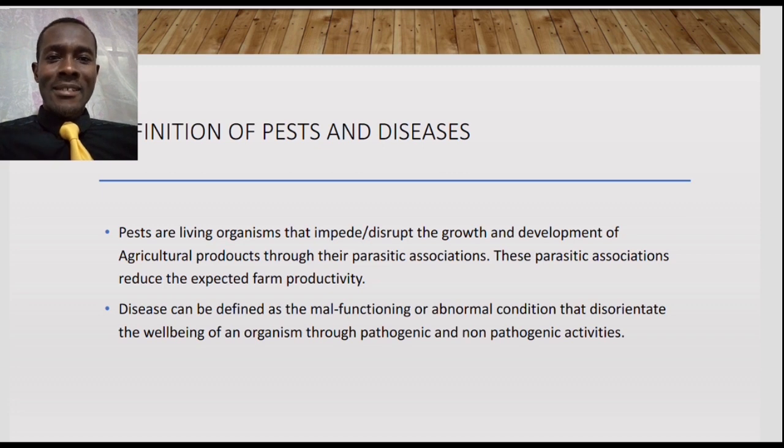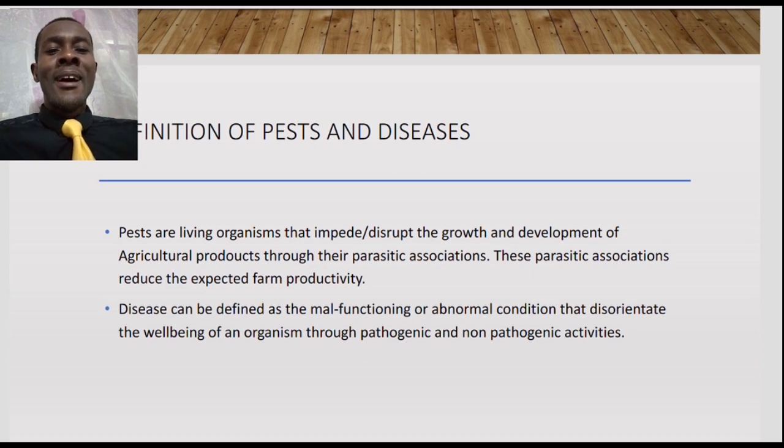Of course, a pest must be living first and foremost. It is not made up of non-living things. They are living things that disrupt the development of our agricultural products like crops and farm animals. And because of that, they are recognized as pests. We are going to be stating some of the examples as we go forward.